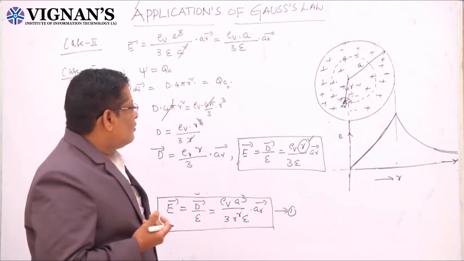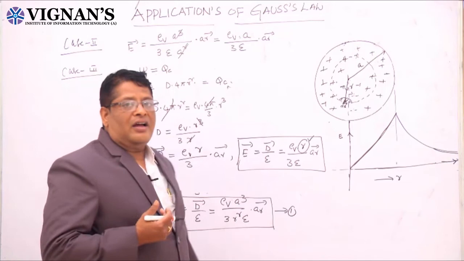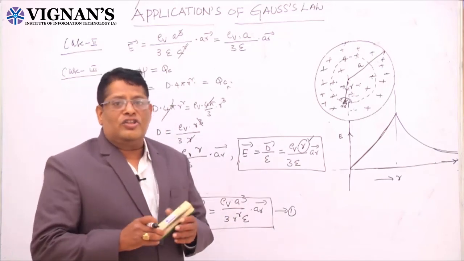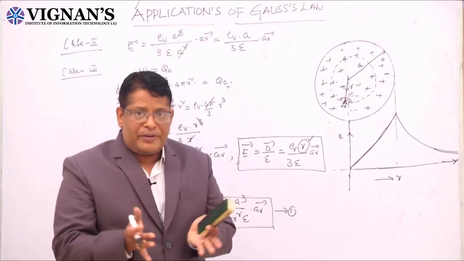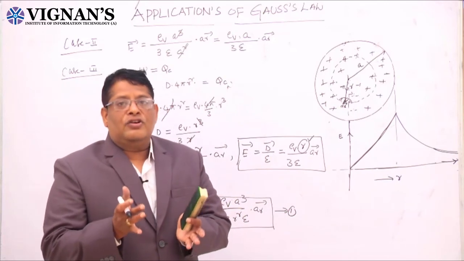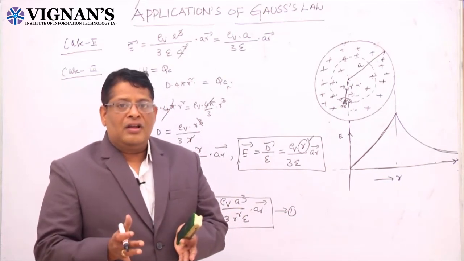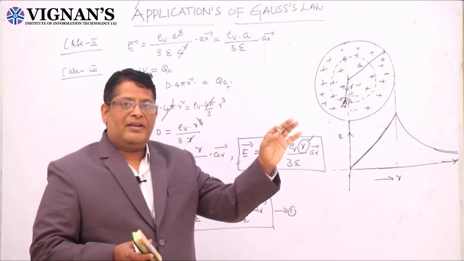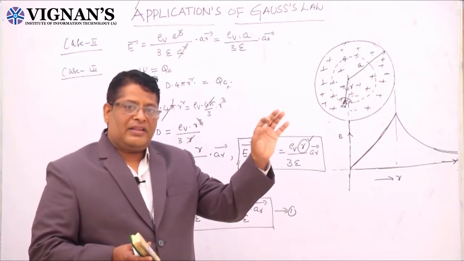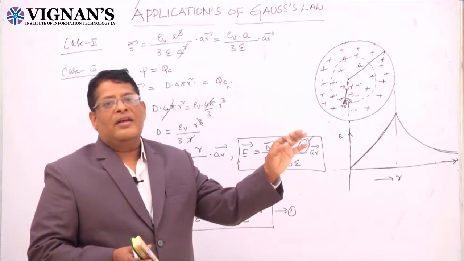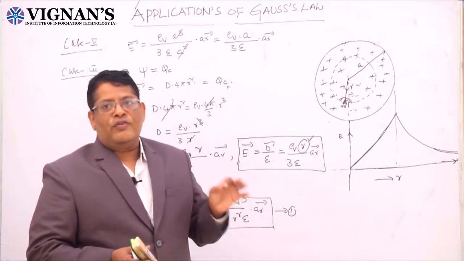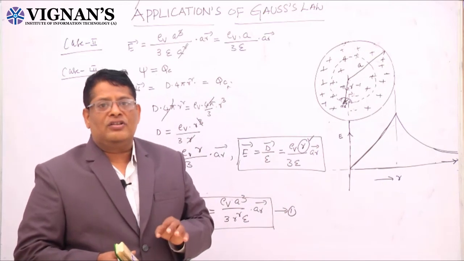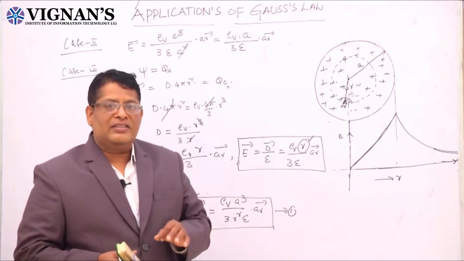Just summarizing the electric field intensity due to the charged sphere. We have taken the charged sphere with a charge density of rho_v. We took one point outside of a sphere where we applied Gauss law and found the electric field intensity. Next, we took the point on the surface of the sphere, and there we found the electric field intensity.